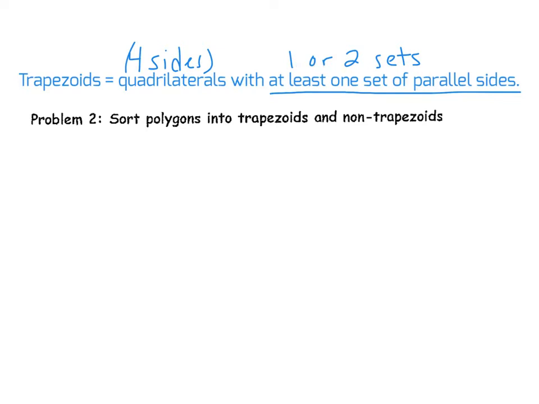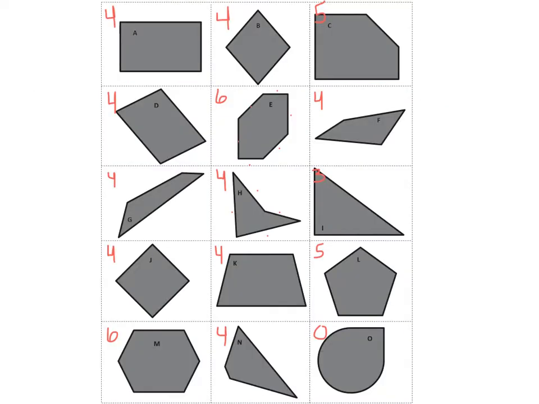So I need to find those quadrilaterals, 4-sided figures, that have 1 or 2 sets of parallel sides. So now in the right-hand corner of each box, I'm going to write T for trapezoid or NT, not a trapezoid. So I immediately know my not trapezoids are my 5, 6, 0, or 3-sided figures.